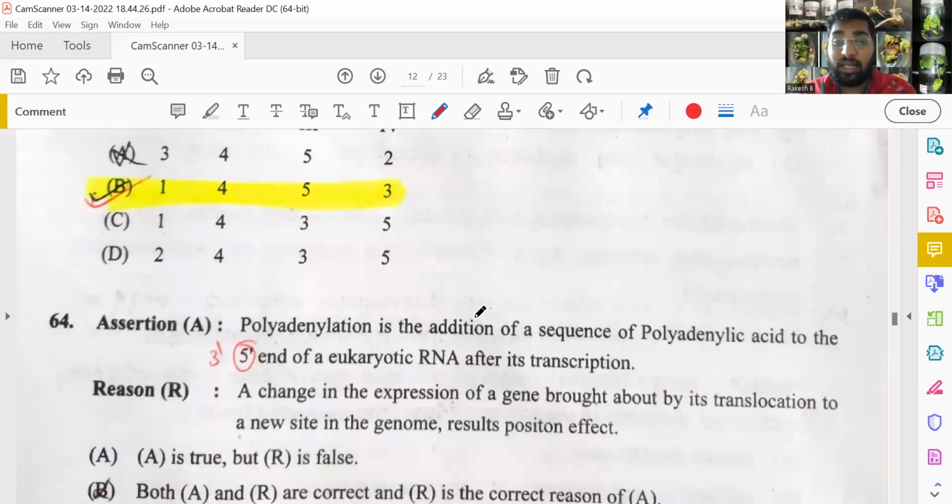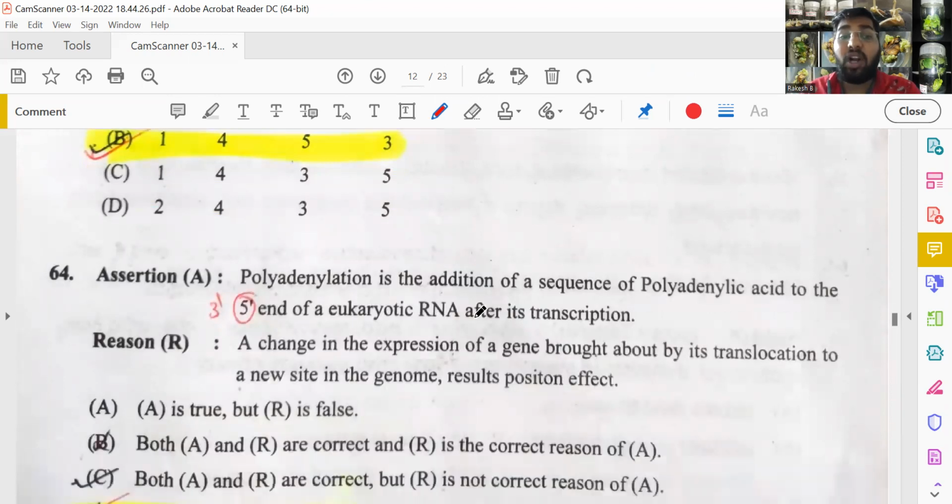Another assertion reason question is on polyadenylation. Polyadenylation means addition of adenosine. It happens in RNA modification when the DNA is getting converted to mRNA.